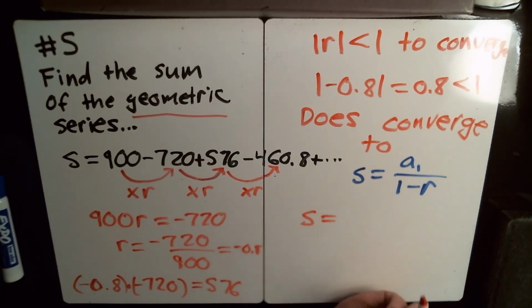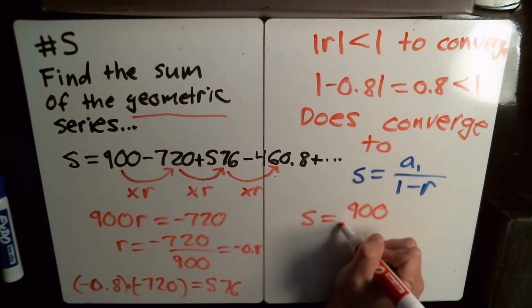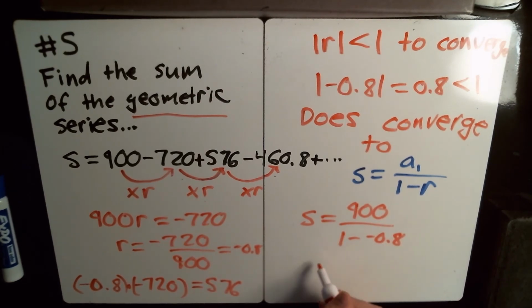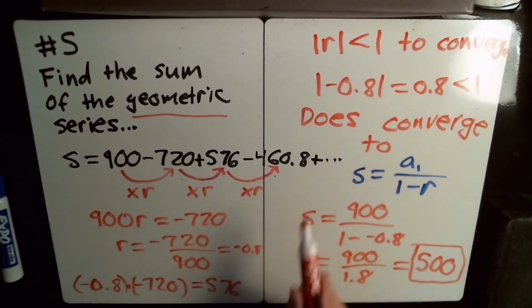So in our case, S would be A1, which is 900, divided by 1 minus negative 0.8. So we get 900 divided by 1.8, which is 500. Okay, so when we add up all these numbers, it gets really close to 500, and so that would be our answer here.